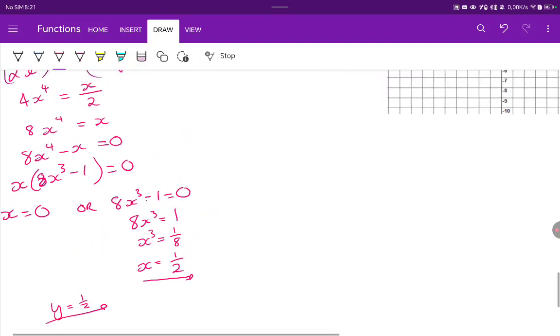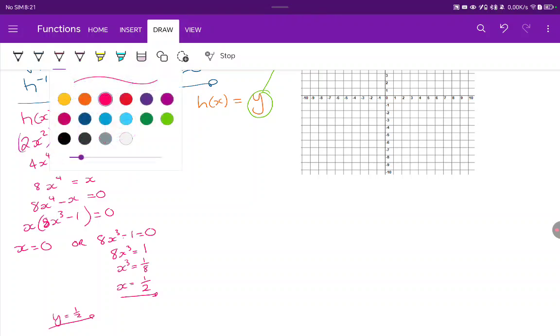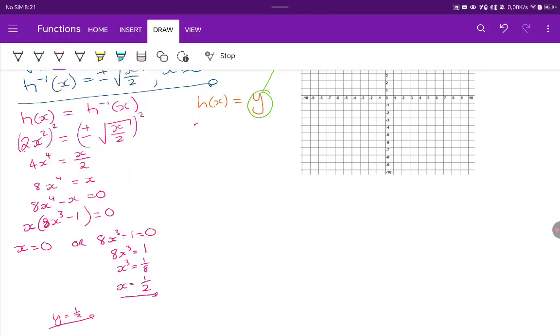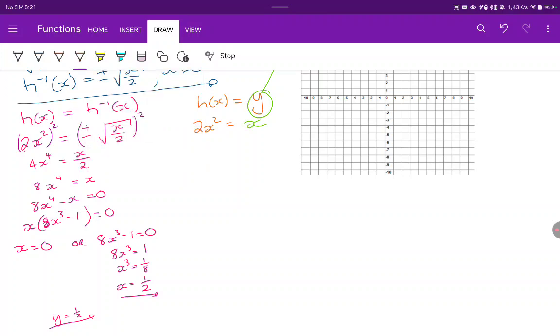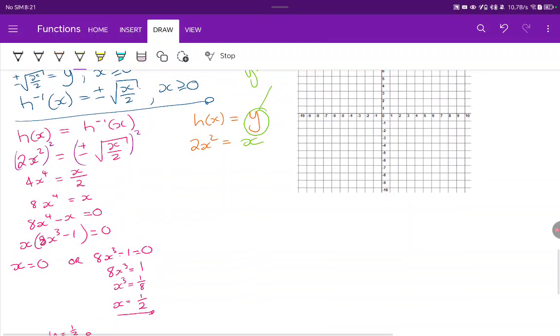That's the long way. The short way that we can do it is if we take the h of x, which is 2, let's go in orange, 2x squared, and we make that equal to our green x, axis of symmetry. Then what do you have?